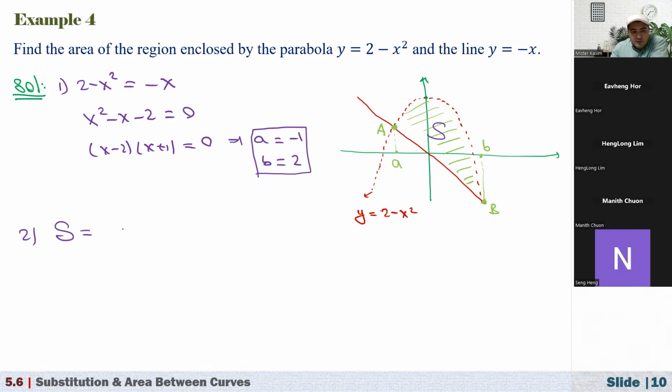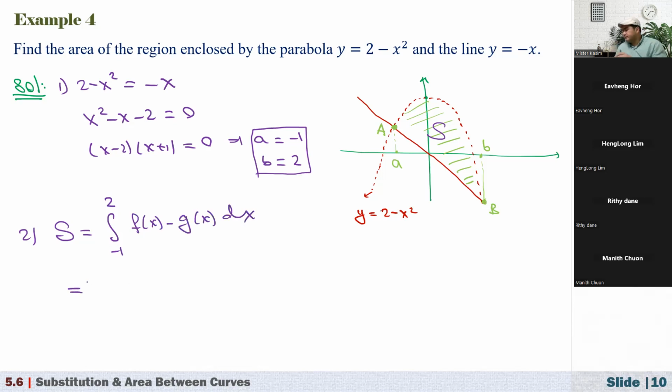To find the area, let me label this region S. S equals the definite integral from negative 1 to 2 of f of x minus g of x dx, since above this region we have f. What is f of x? f of x is 2 minus x squared, minus g of x, which is minus x. If you do not sketch this, you cannot know whether it is f minus g or g minus f, and you may get the wrong answer.